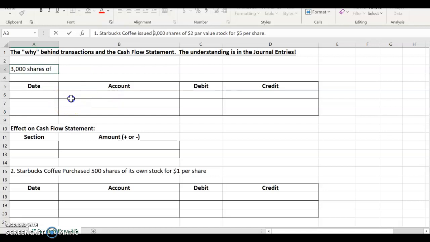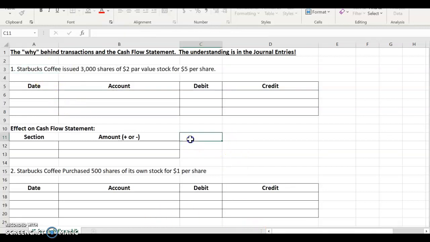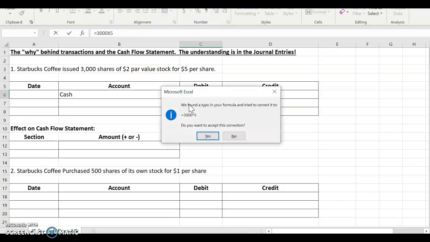Okay, so we are going to debit cash, and we are getting 3,000 shares and the amount per share is $5. So we are going to say 3,000 times 5.